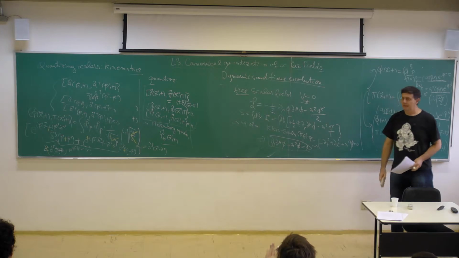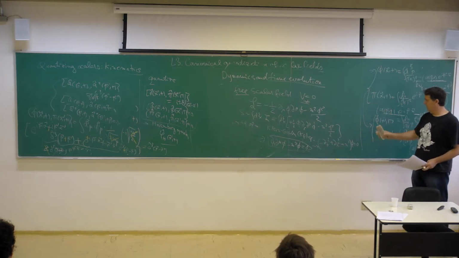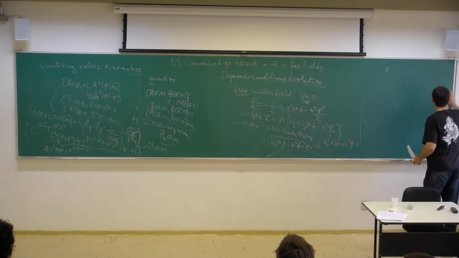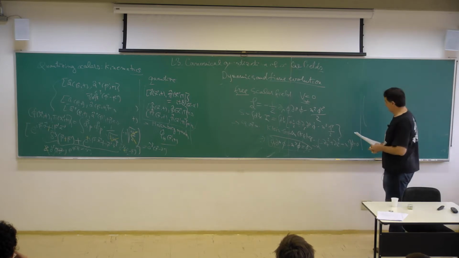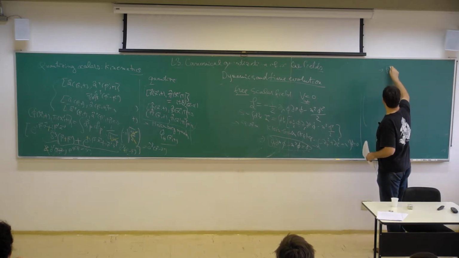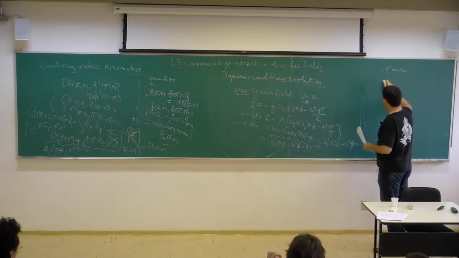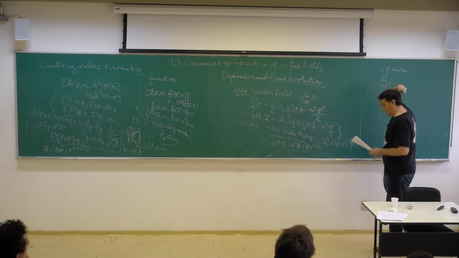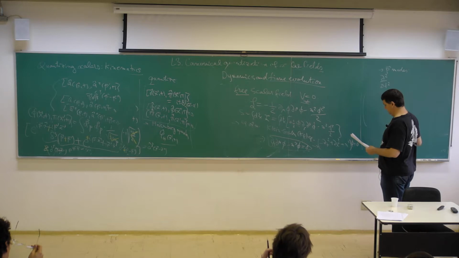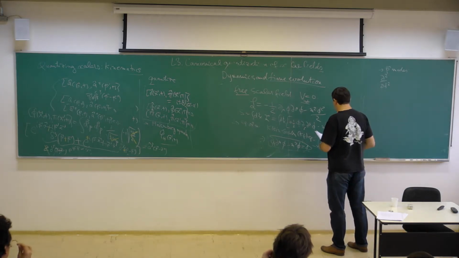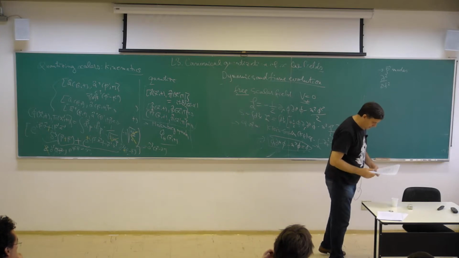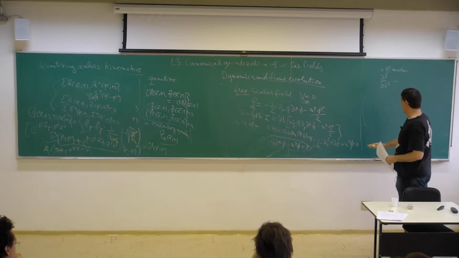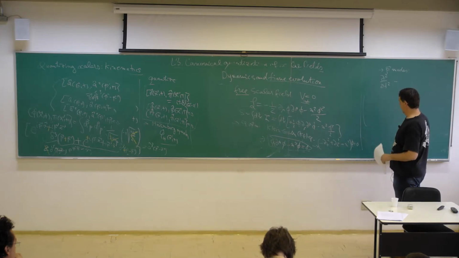And as we saw, it's useful to do a Fourier transform over space. Indeed, if we do that for the p modes, the time derivative remains the same, and I multiply everything with a minus sign.